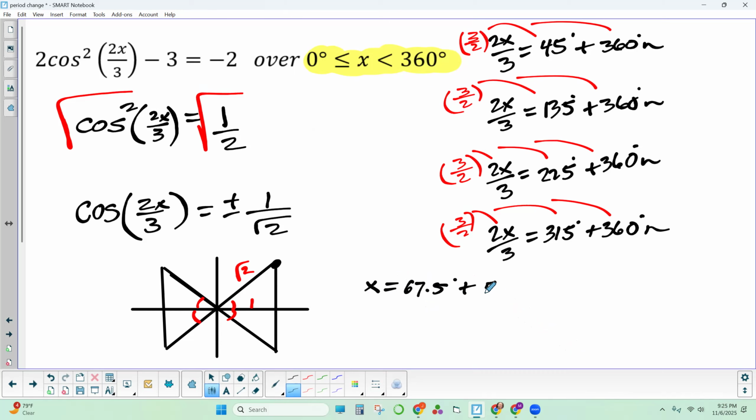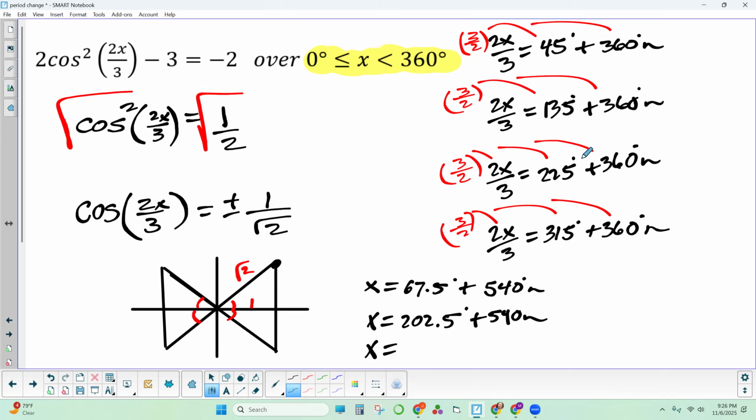is 540 degrees. All right. Next here, 135 times 3/2, we get 202.5 degrees plus 540 n.